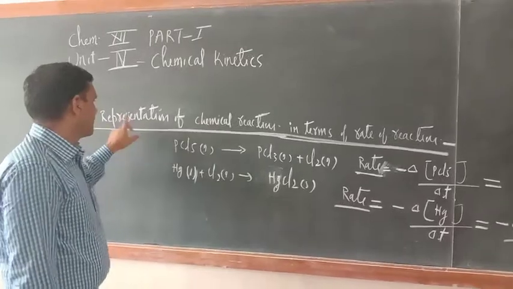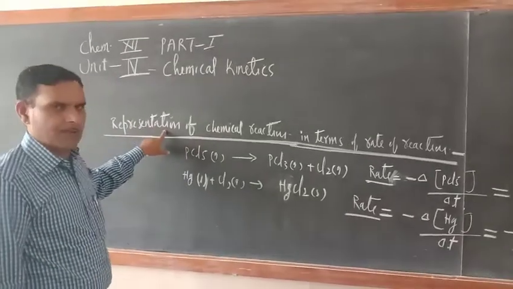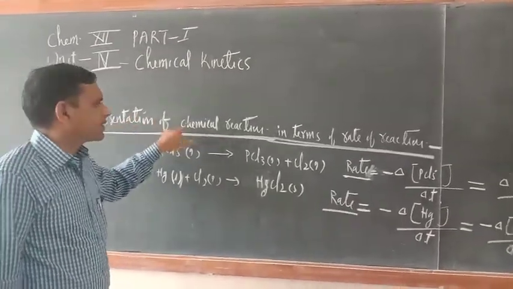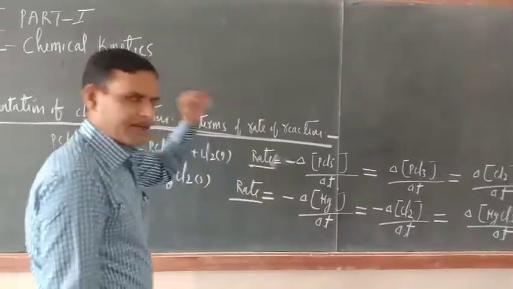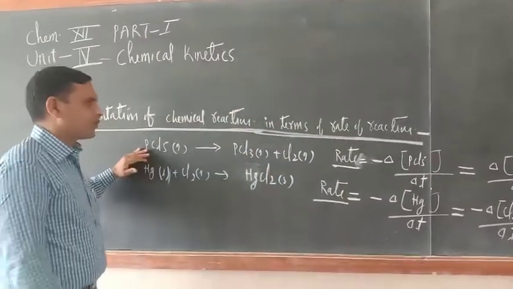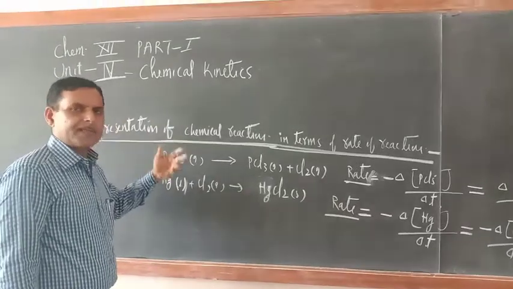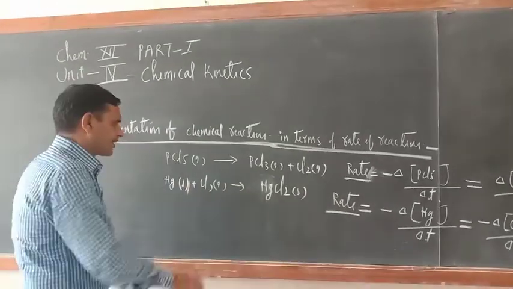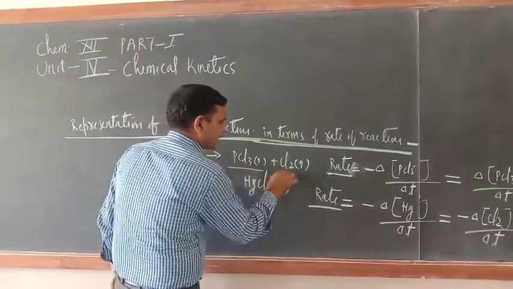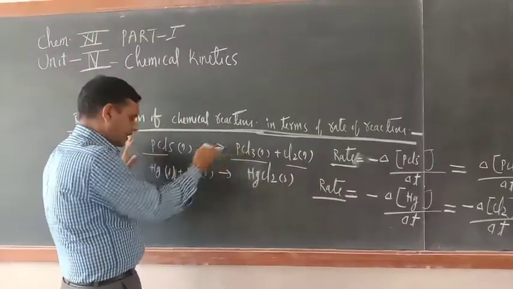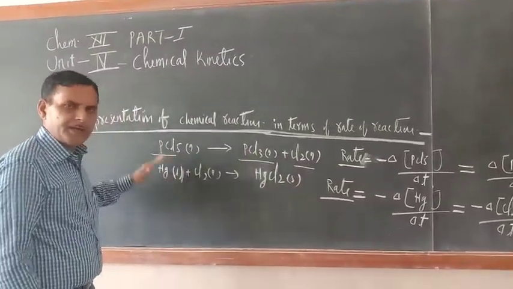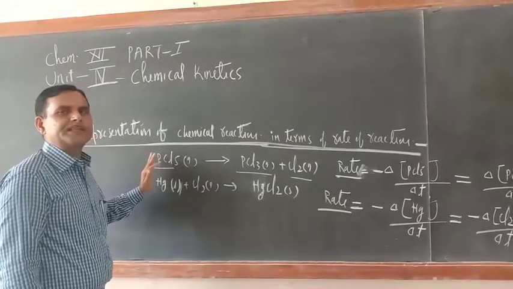Yes, dear cadets, now the next thing is the representation of a chemical reaction in terms of rate of reaction. As you know, as far as representation is concerned, what is there in any chemical reaction? Two things are there, reactant and product. I am taking here two reactions where stoichiometric coefficients are not involved.